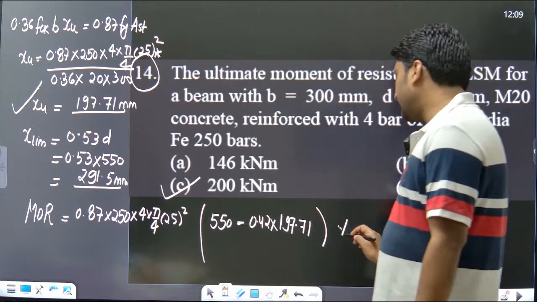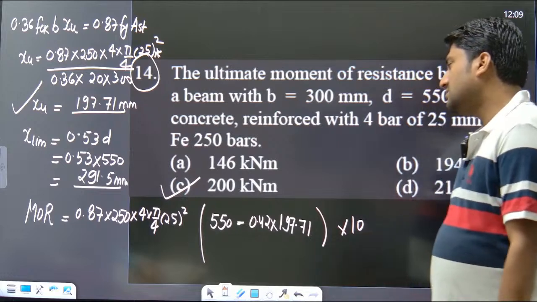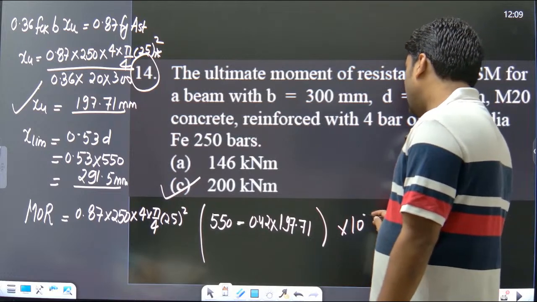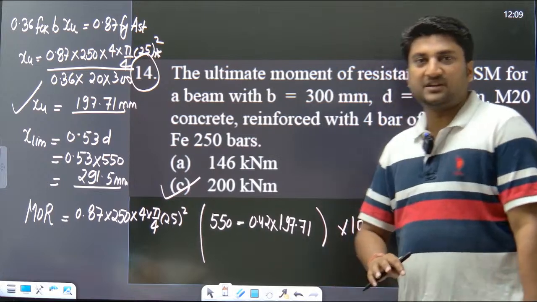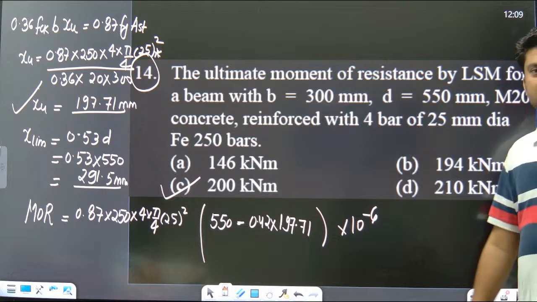Clear? This will be in Newton mm. So in order to convert this, multiply by 10 power minus 6, and you will get the answer in kilonewton metre. You can solve the question.